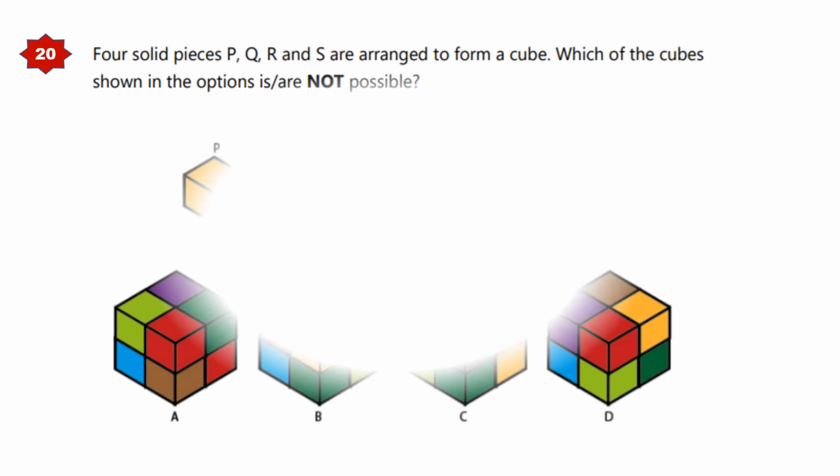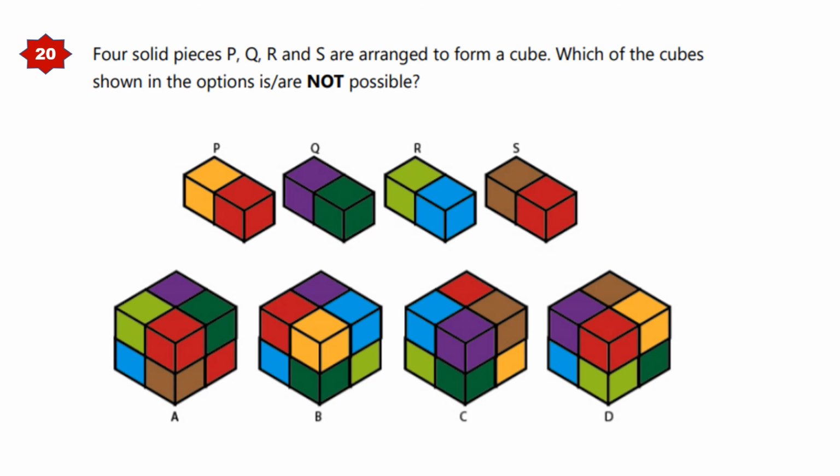So let's see the next question. Here we have different PQRS as the solid pieces, and we need to find which of the following options is or are not possible.